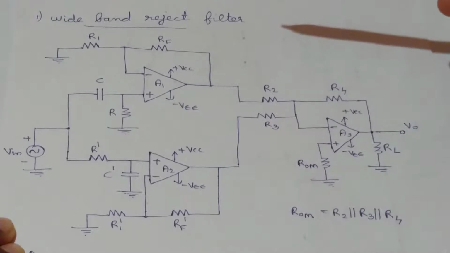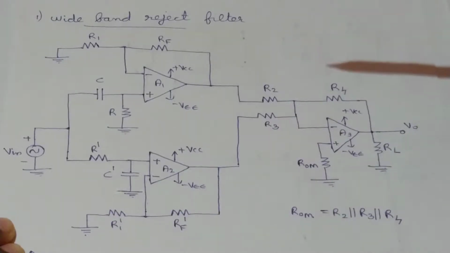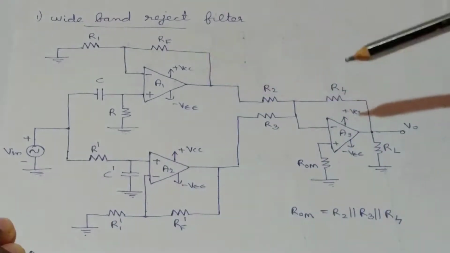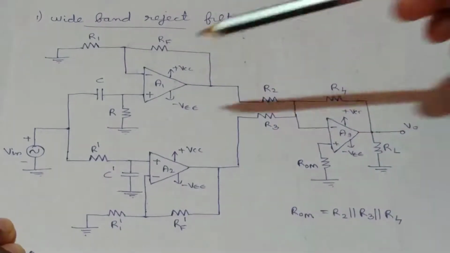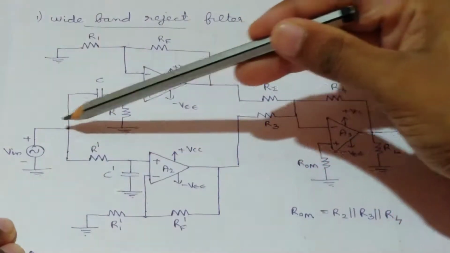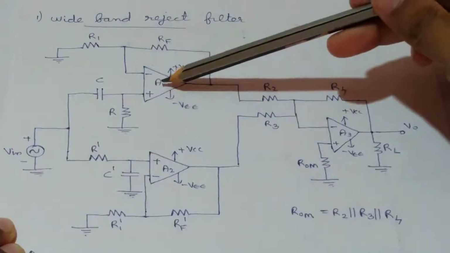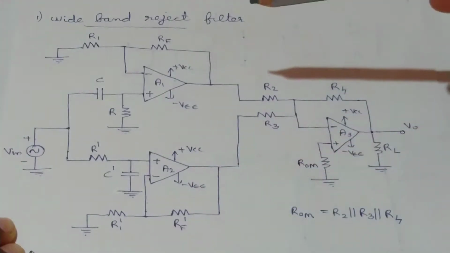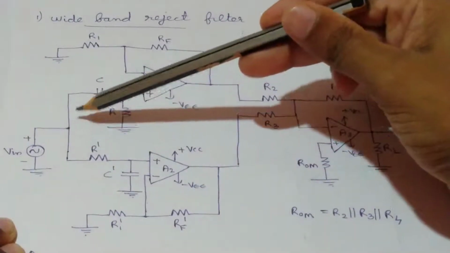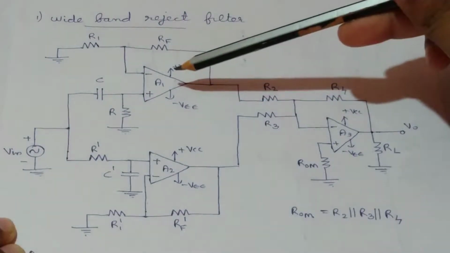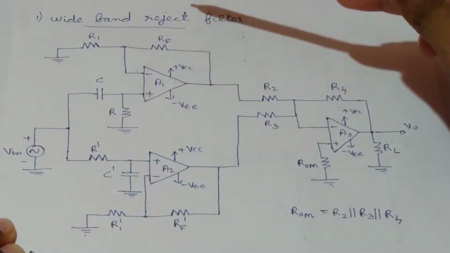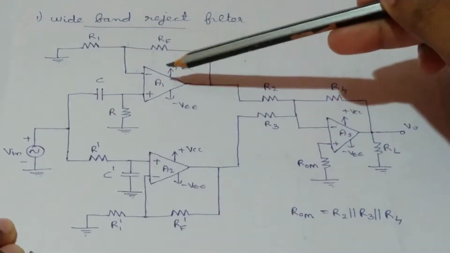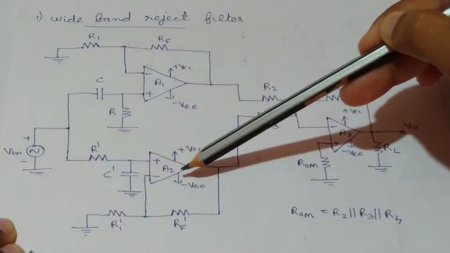This wide band reject filter is formed by using a low pass filter, a high pass filter and a summing amplifier. Here we can see the input is applied to both high pass filter and low pass filter. In the case of wide band pass filter, the input was applied to only high pass filter, and in the case of this wide band reject filter, the input is applied to both high pass filter and low pass filter.